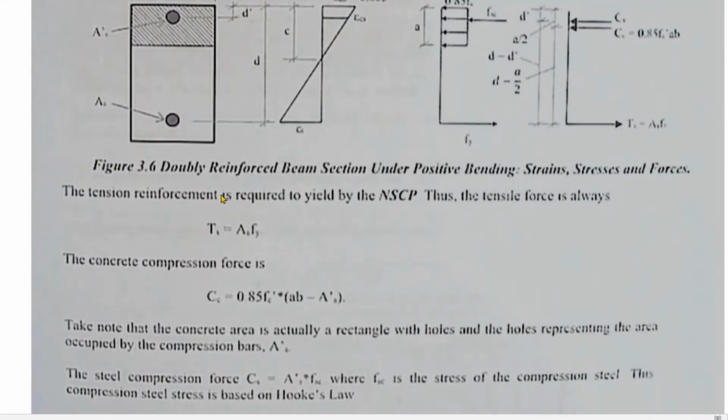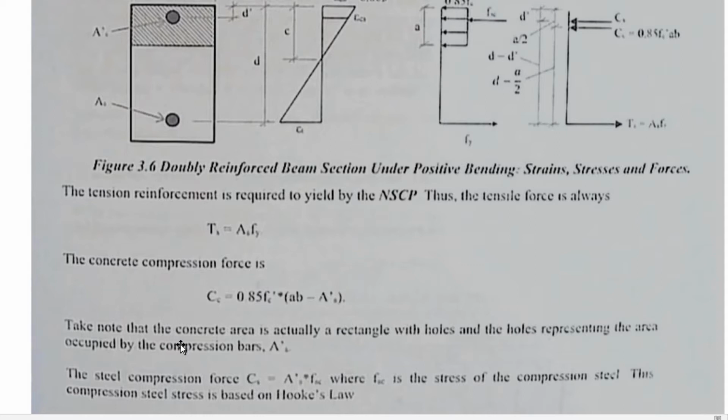And then, the tension reinforcement is required to yield by the NSCP. Thus, the tension force is always T, which is equal to AsFy, or this is also Ts. The concrete compression force is Cc, which is equal to 0.85 f'c times (ab minus A's).